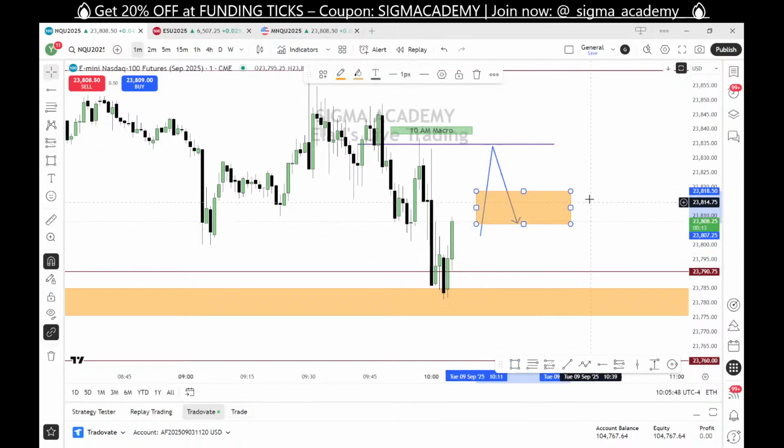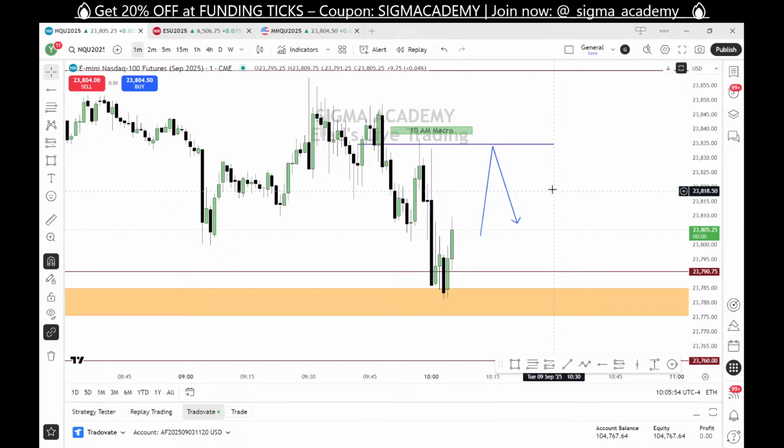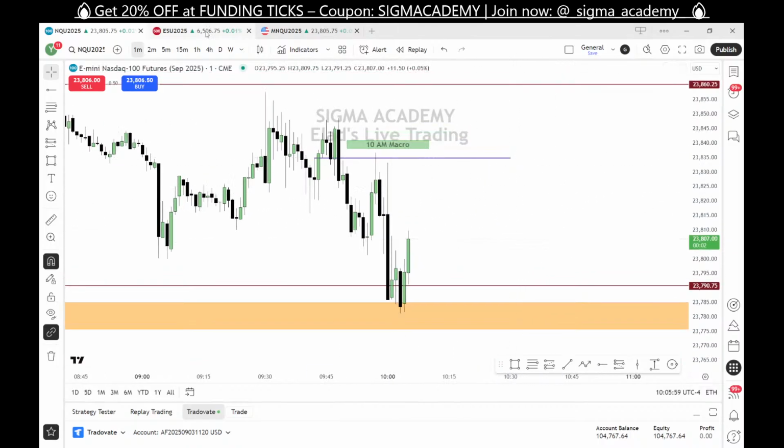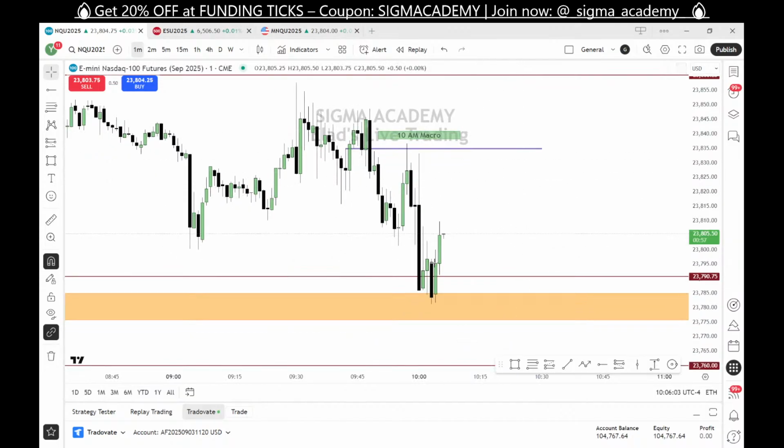We are going long somewhere in this area. I want to search for any clue, any PD array with me.